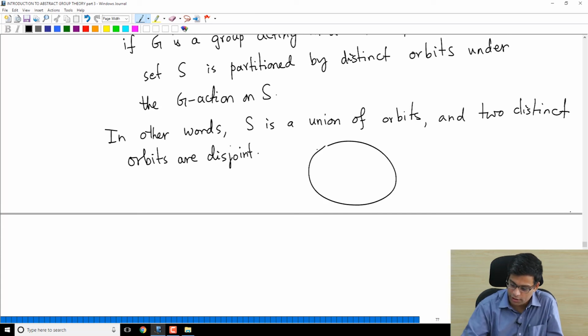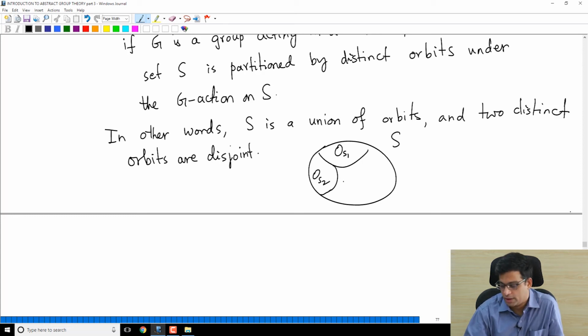So we have the picture as I have drawn earlier. You have a set S, so you have orbit of S1, that's one orbit, orbit of S2. In general, an equivalence relation partitions a set. In our situation, equivalence classes are orbits, and so on. So this could be infinite, of course. I am trying to just illustrate this.